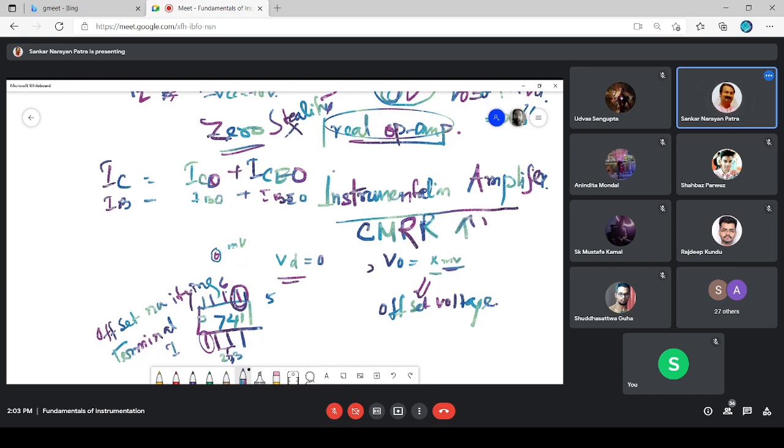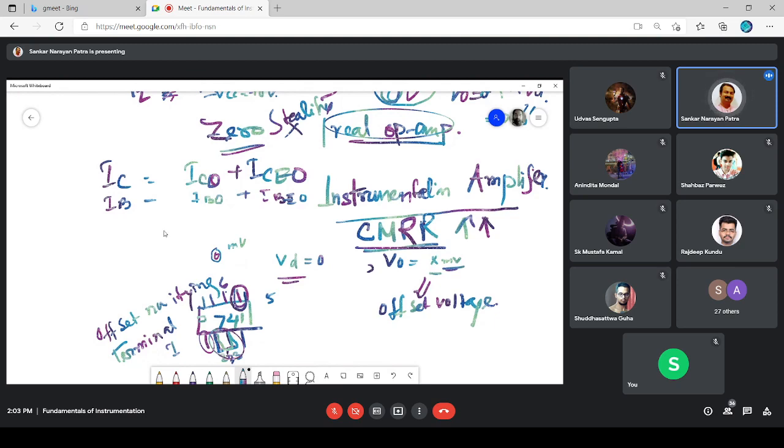What do you mean by common mode rejection ratio? Common mode means the two inputs here, I make them common ground.